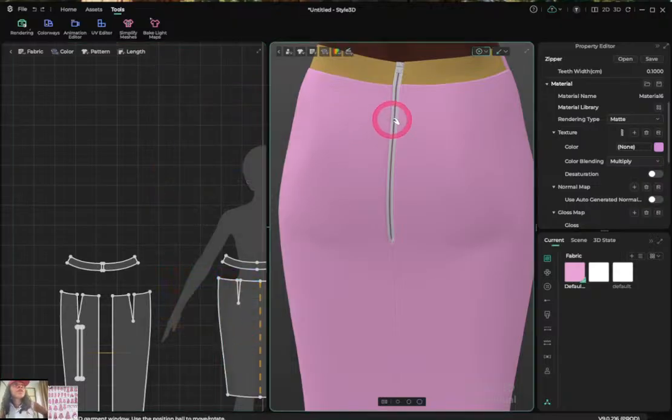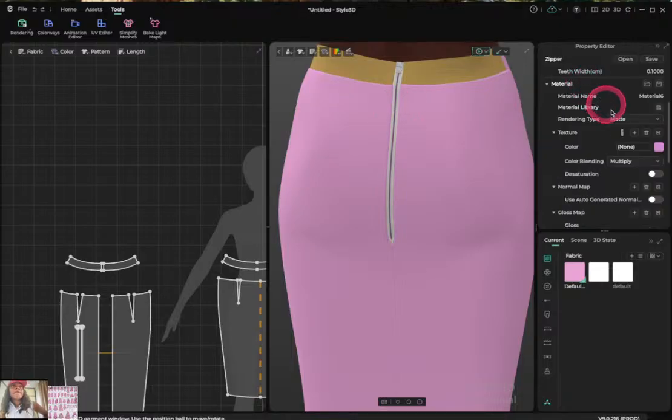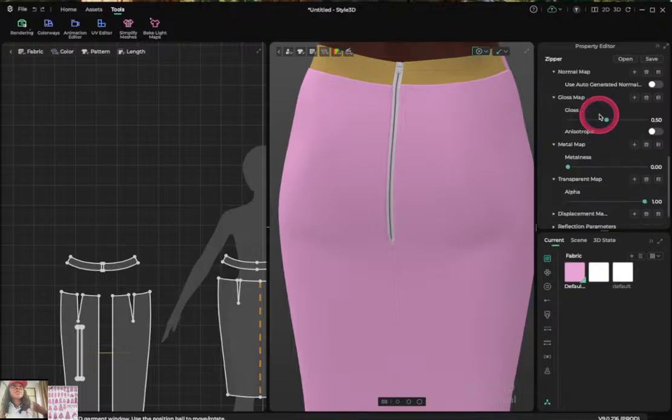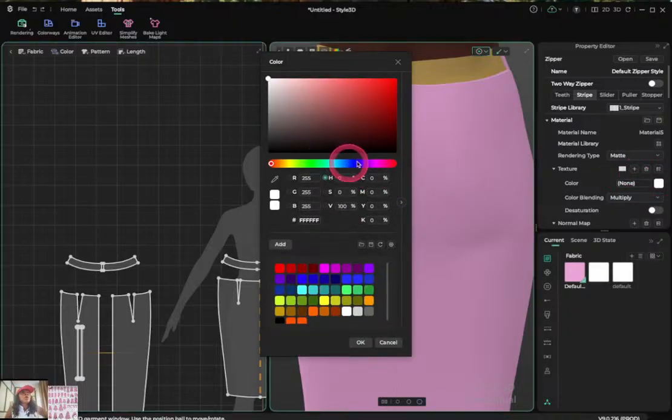And then we head to the clothing of the zipper, and I'm going to make it pink too. That's the stripe. I'll come back to the real zipper later.